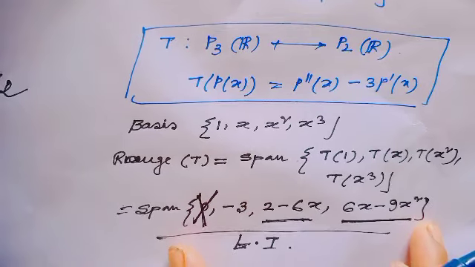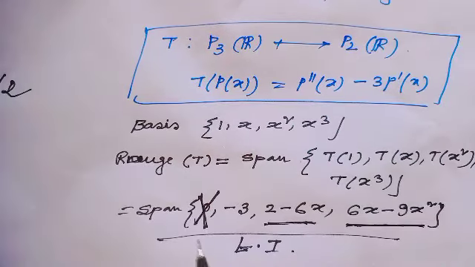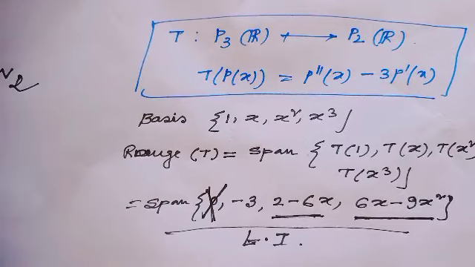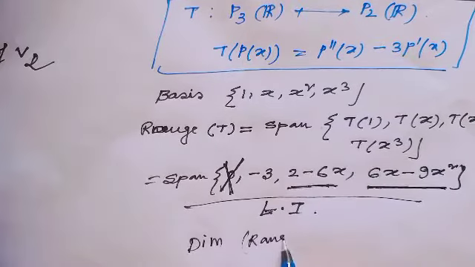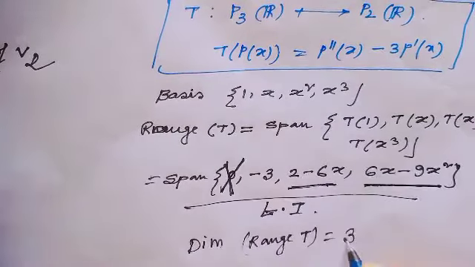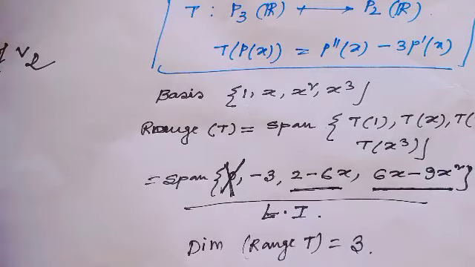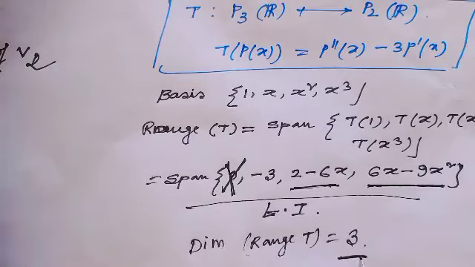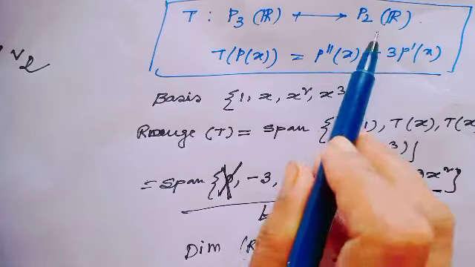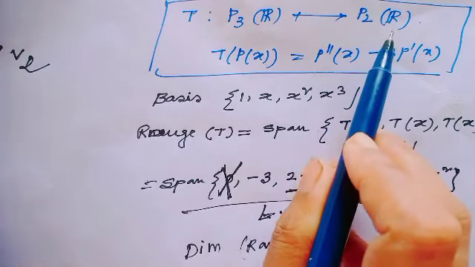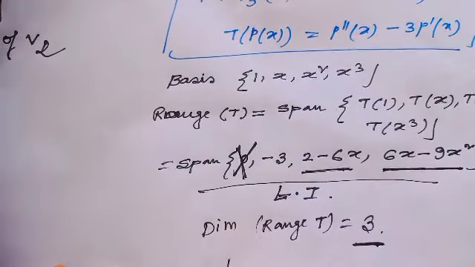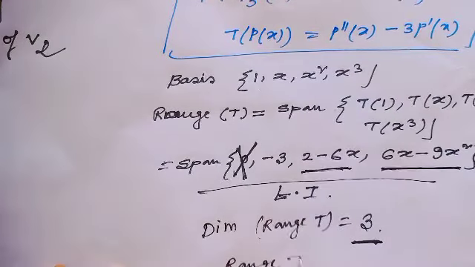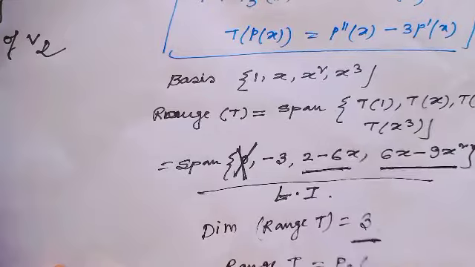That means since the range of T is the span of three linearly independent vectors, obviously the dimension of the range of T is 3. Okay, and since the codomain is P2(R), and we all know the dimension of P2(R) is 3, the range of T is actually the whole of P2(R).